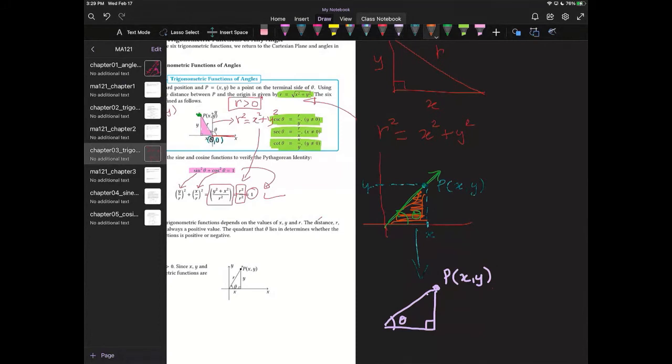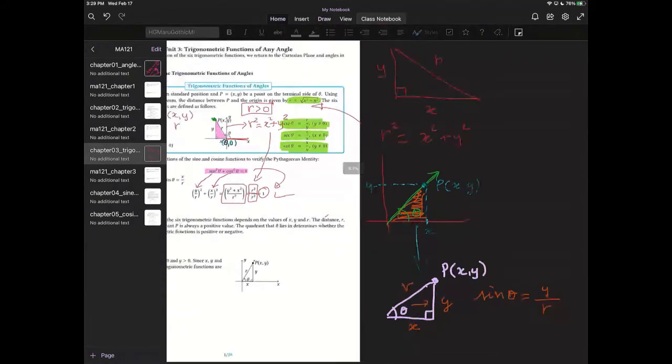So we have that this quantity here is y, this quantity here is x, right? And again, this is r. So sine is opposite, for us is y, over hypotenuse, which is r.